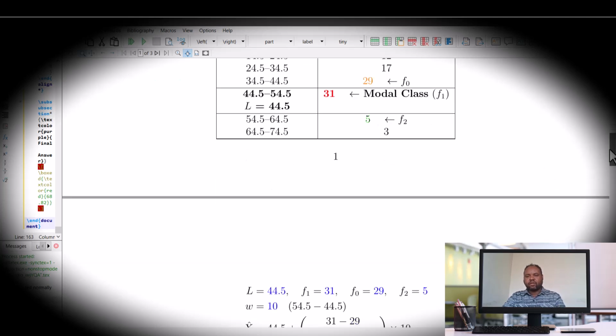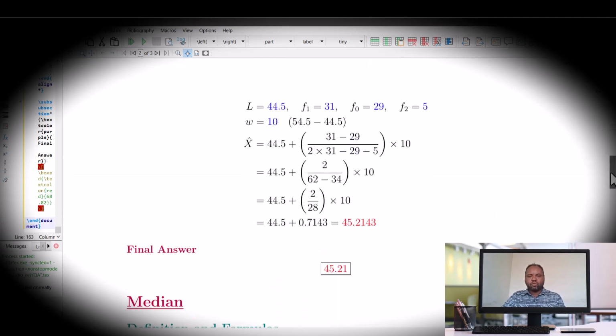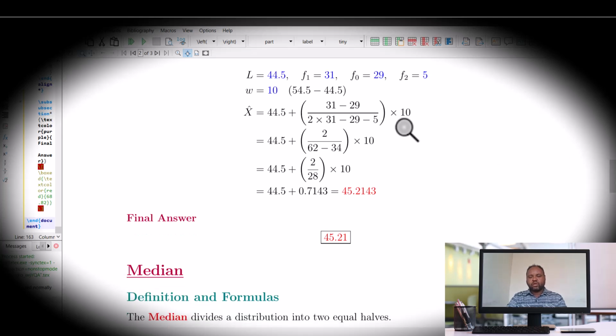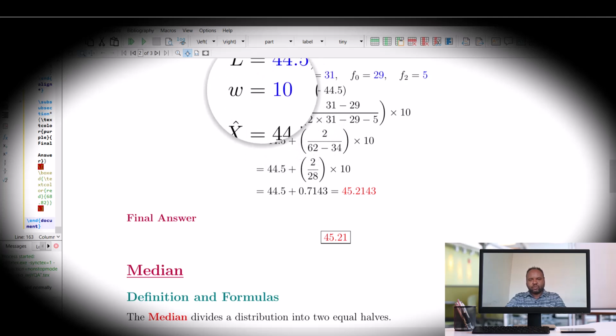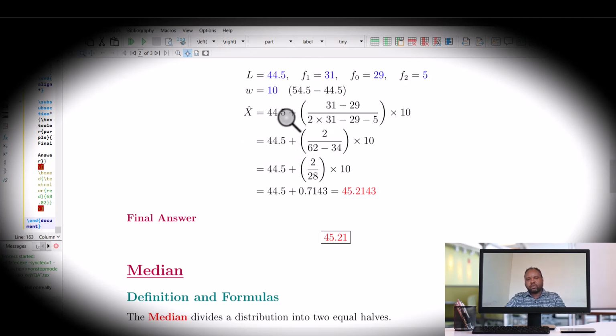Having these actual values, we proceed to the formula, into which we substitute all these values to come up with the single representative modal value of the group data. We substitute 44.5 at the L position, which is the lower class boundary, and 31 is the modal class frequency, 29 is the preceding frequency, and 5 is the succeeding.